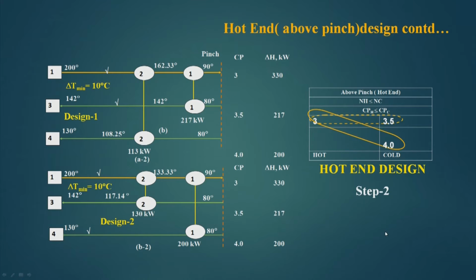So, 113 kilowatt I have passed. So, it needs 87 kilowatt for the design 1. Similarly, in the design 2 for this stream, it is 217 kilowatt. I have passed 130 kilowatt. So, it is 217 minus 130 is 87. Now, we will remember that for the hot end, the heating requirement is 87.